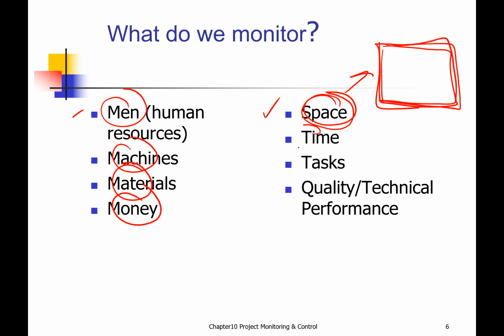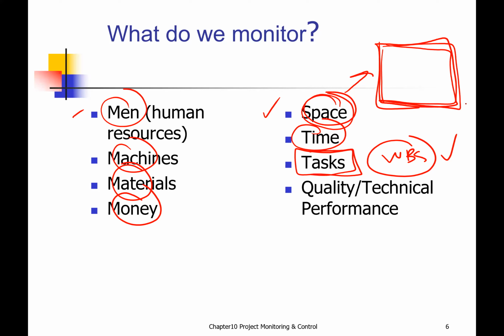Not to mention the time and the task. Task is basically the activities. So that's why we need to have an accurate WBS. If you do planning, one of the most important things that you do first is to come out with the WBS. Because if you miss one of the tasks, you are probably going to end up not constructing something very important. It always happens in construction.